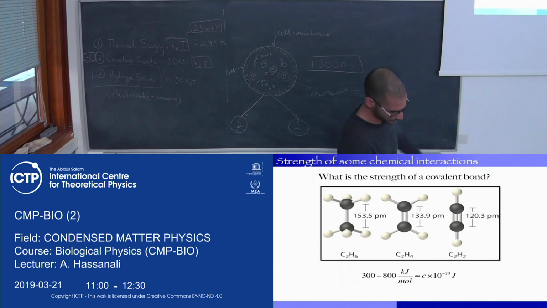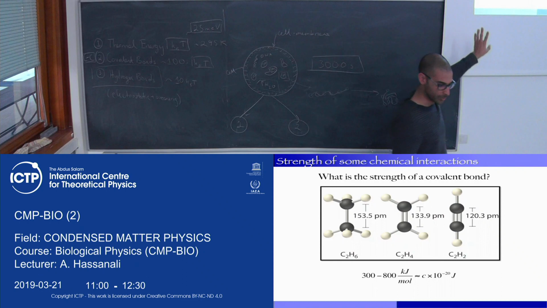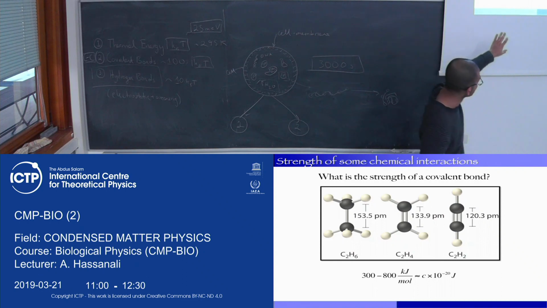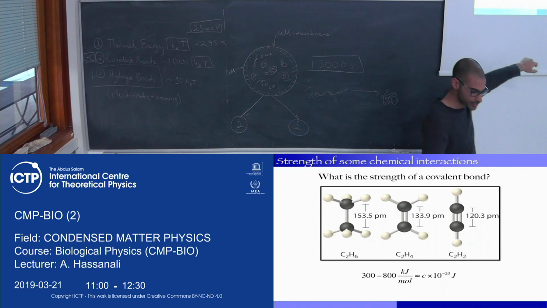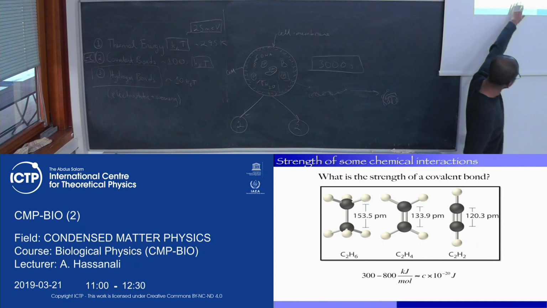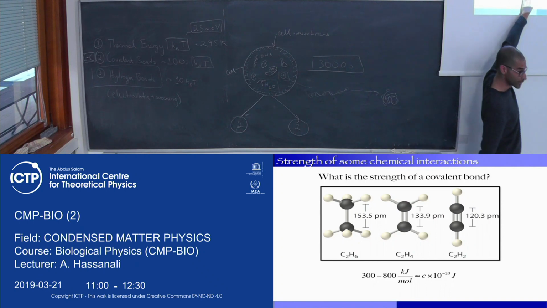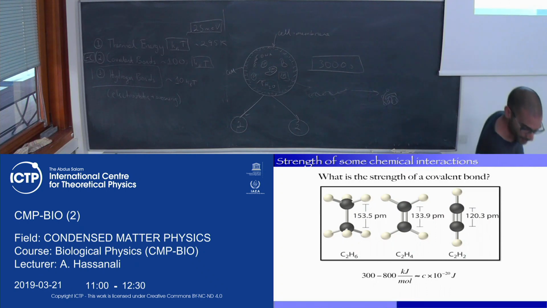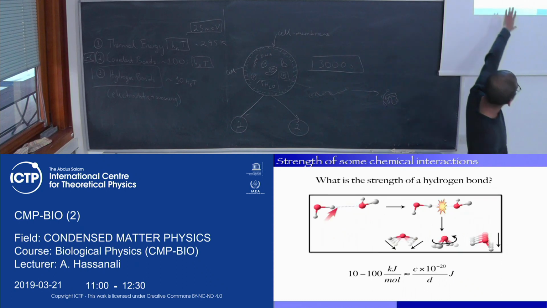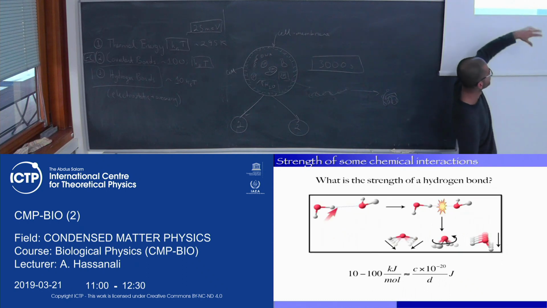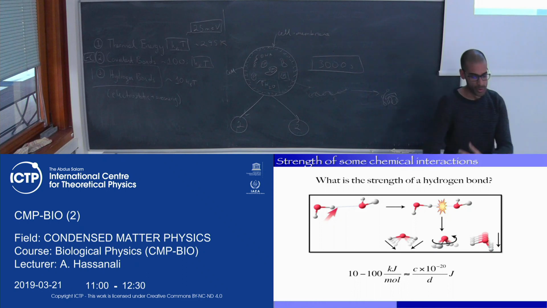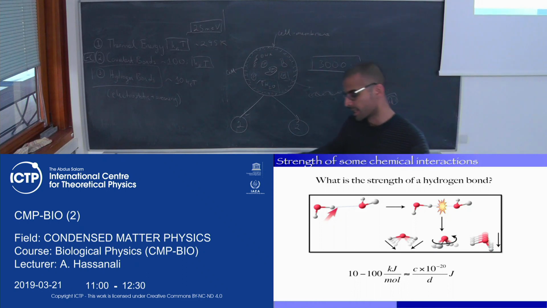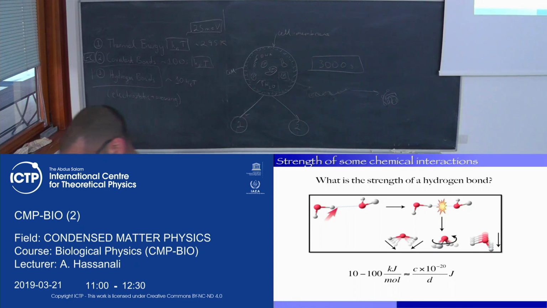Okay, so we've already talked about this, so you have it here for your notes. Very large numbers, very small numbers, on the order of 5 to 10 kBT more or less.